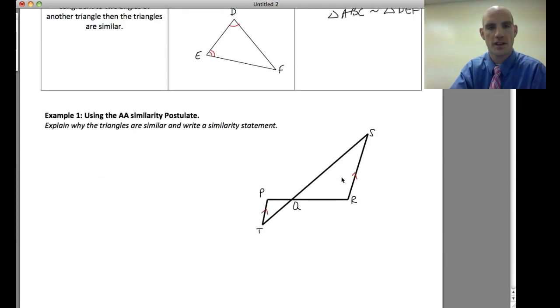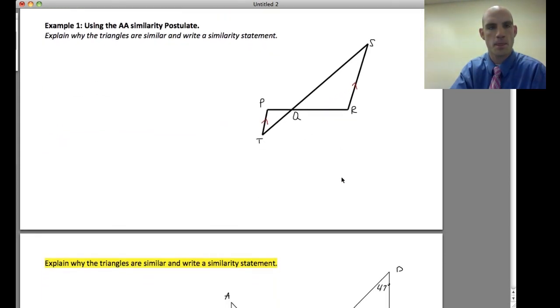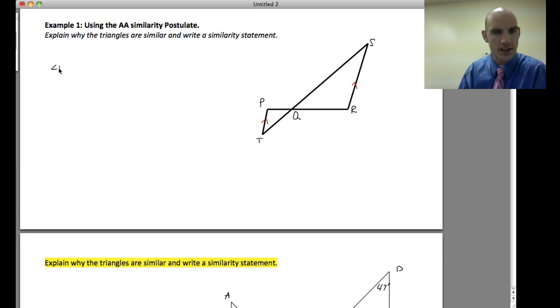Let's look at example 1 that goes along with that. Explain why the triangles are similar and then write a similarity statement. Notice, this is another one of those situations. If we have parallel lines shown, we're probably going to use that. So I'm going to list the things that I know. Because these lines are parallel, I can say that angle T is congruent to angle S by the alternate interior angles theorem.